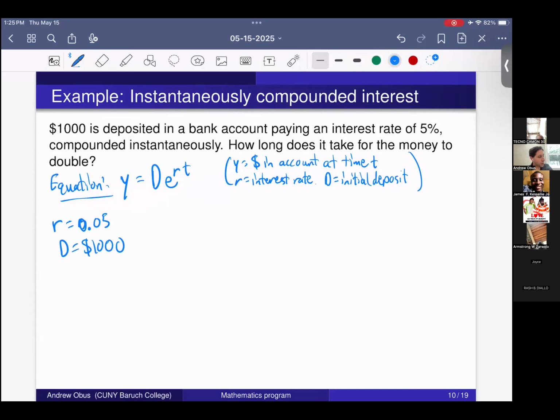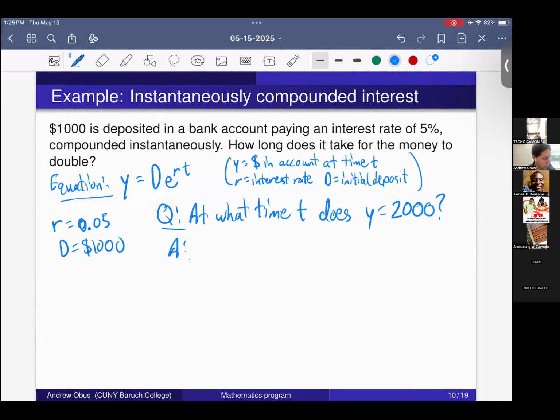So d is $1,000. And the question is, at what time t does y equal 2,000? Right? That's what we want to know. We start with 1,000. We want to know how long it takes for it to become 2,000.